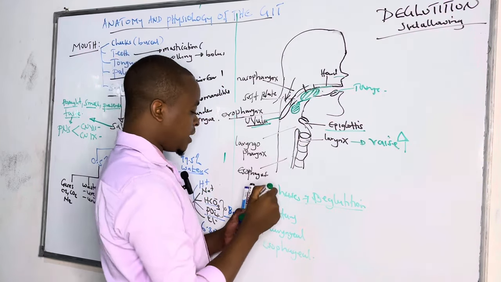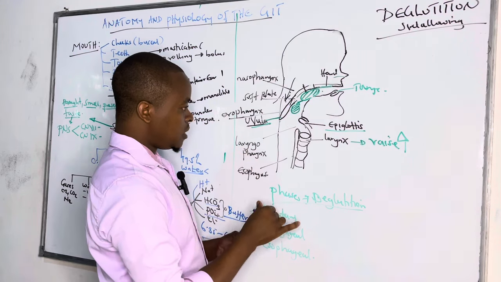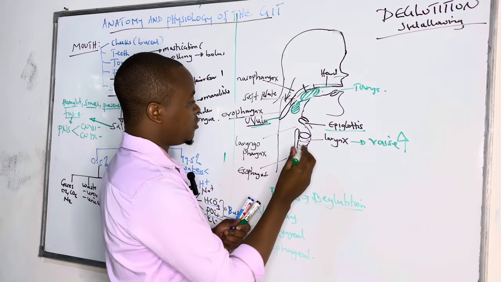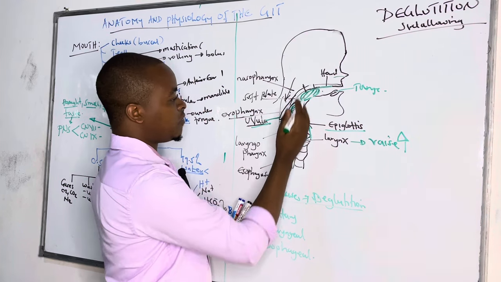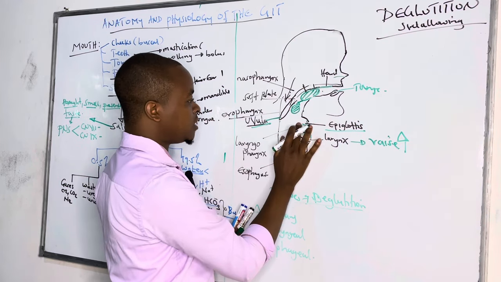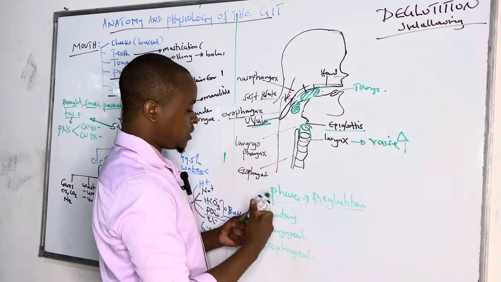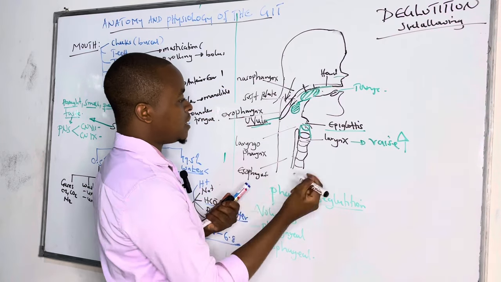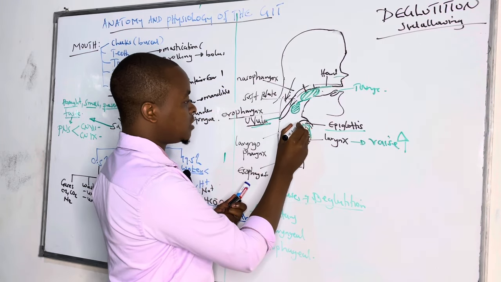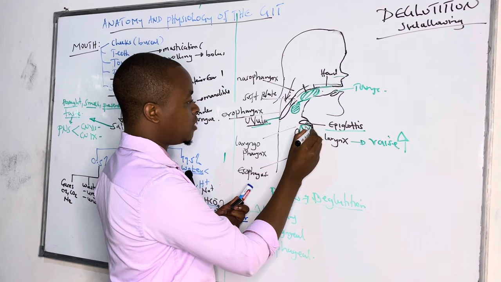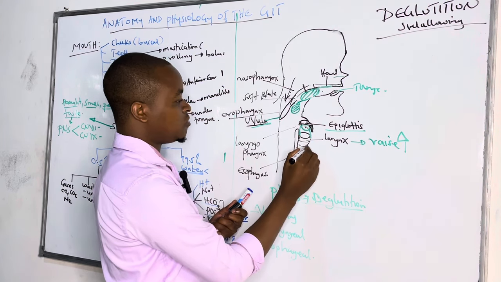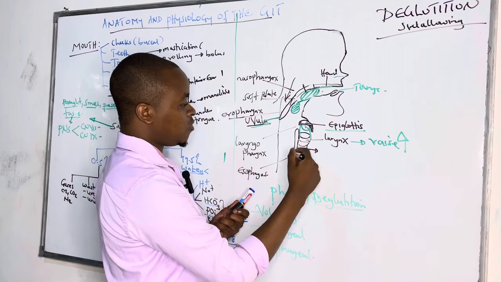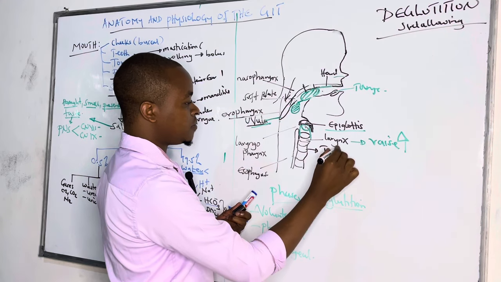So we see the larynx rising from this position to this, and after rising, now the epiglottis closes. Remember, the epiglottis, which is at this position, closes the larynx, which continues to form the trachea.